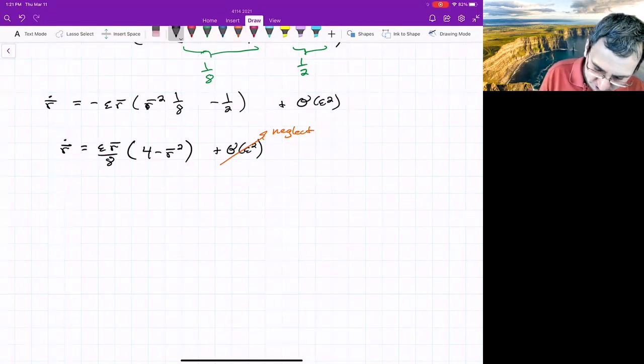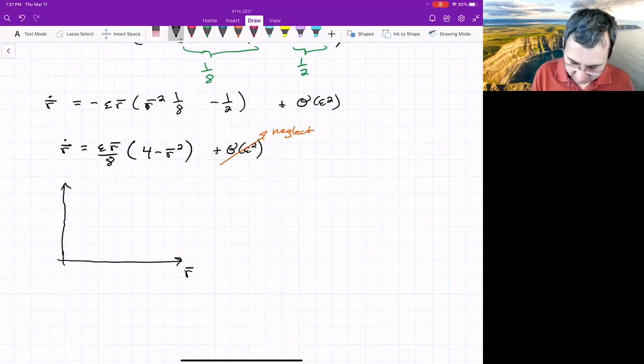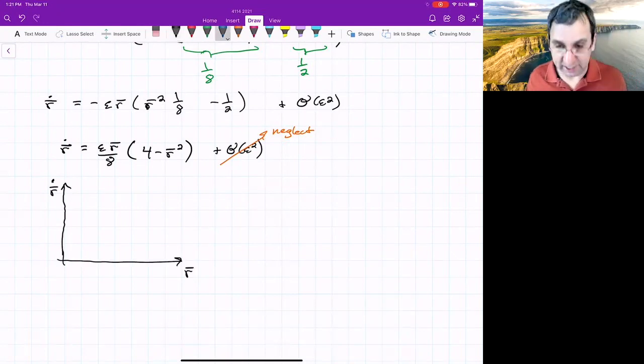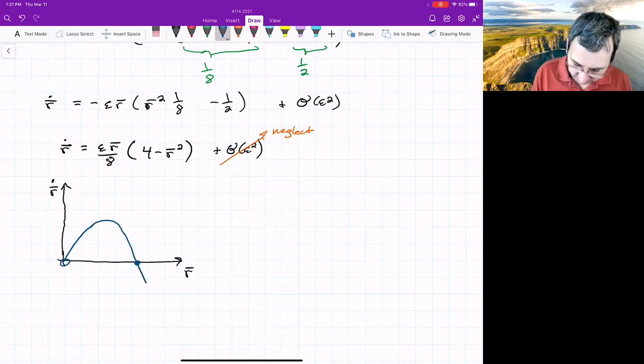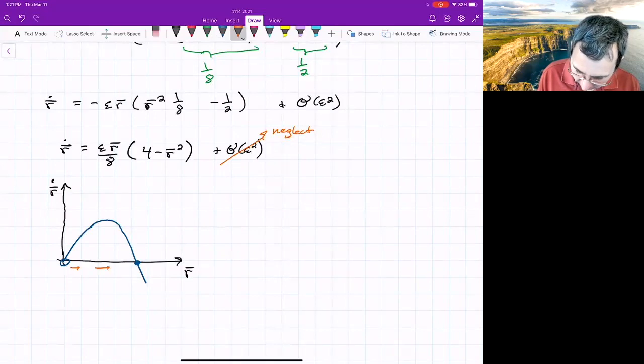And we can use the 1D graphical method. So that's really cool. We'll plot the vector field, r bar dot versus r. This looks like things that we've seen. There's going to be a curve, it reaches a maximum, and then it crosses 0 at 2. It's looking like arrows are moving away from the origin and then to the value of 2.